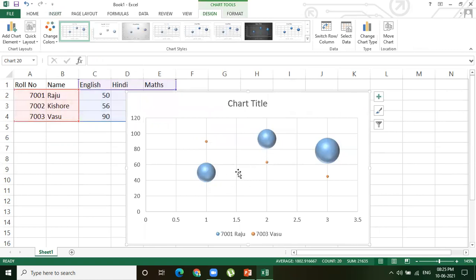You see here already three students are there, but here it is showing only two students. So in scatter chart, it shows only two sets of values. That is why it shows the correlation between the two sets of values, right? It displays only for two students.